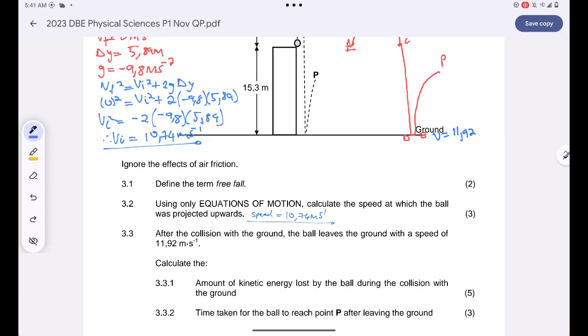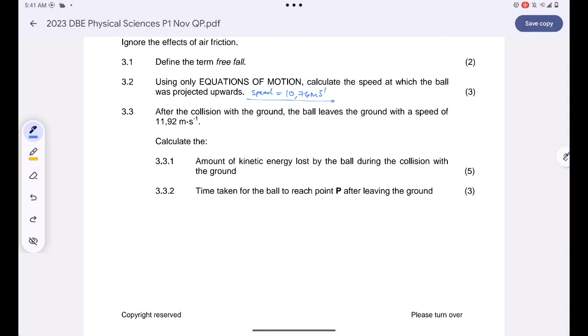They want us to calculate the amount of energy lost by the ball during the collision. So if you can calculate the velocity of the ball at point D and then find the kinetic energy at D and the kinetic energy at E, then subtract the two, we will be able to calculate the energy lost. Are you together? How can we do that?